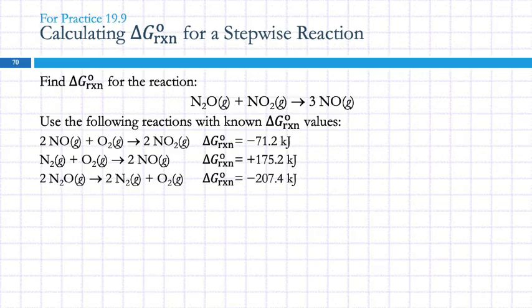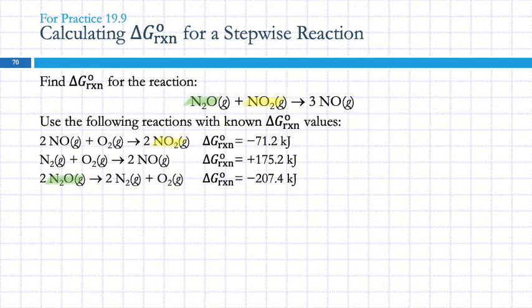So find delta G for this reaction. Use the following reactions with known delta G values. I've found that it's useful to highlight these things because everything's NO, right? So there's N2O, and then I'm going to go down here and find N2O. Okay, that's the only place. And then maybe I'll use yellow for NO2. It's not confusing at all.